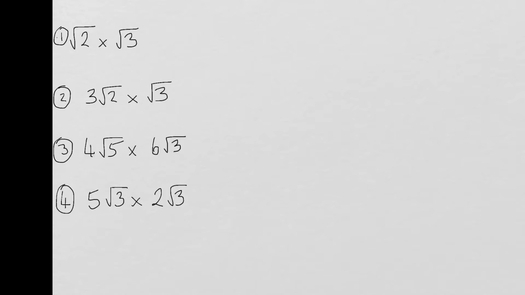So here are some other examples that I want to go through. What happens when you multiply surds that have got different values inside the root? Well, you can actually just combine them. So here, the square root of 2 multiplied by the square root of 3, we can combine as a multiplication inside the root, so we get an answer of just root 6.